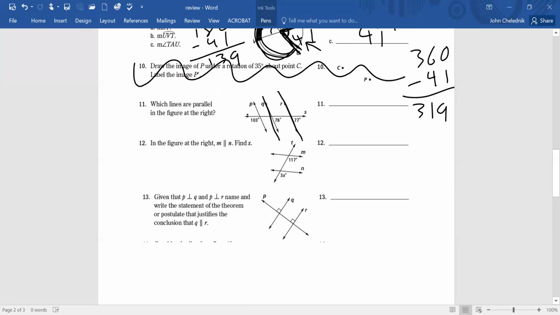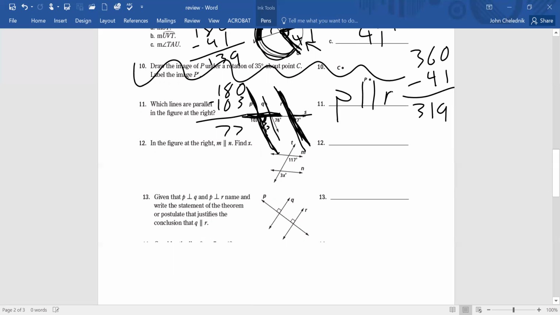To figure out what it's parallel to, consider that this is a straight line. That's 180 degrees. If you take 180 and subtract 103, you will find that the other side over here must be 77 degrees. And since this angle is equal to this angle, that means that this line is parallel to this line because they have equal corresponding angles.